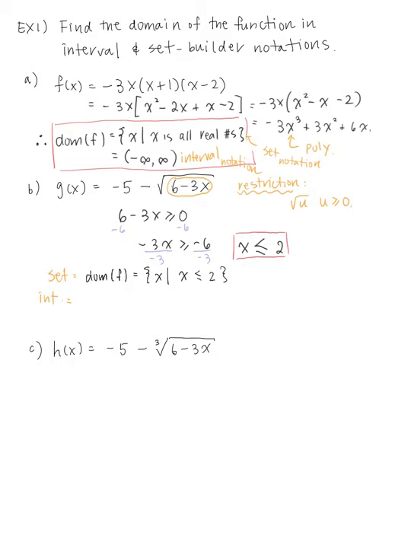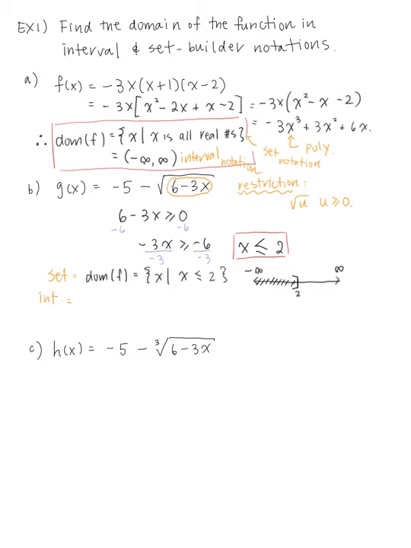Now, those of you who cannot visualize the interval notation immediately, draw a number line. So suppose this is my number line, here's negative infinity to infinity, and suppose this is 2. Then we're going to have to express the interval notation such that x better be less than or equal to 2. So where is that? x less than or equal to 2 will be this region here.